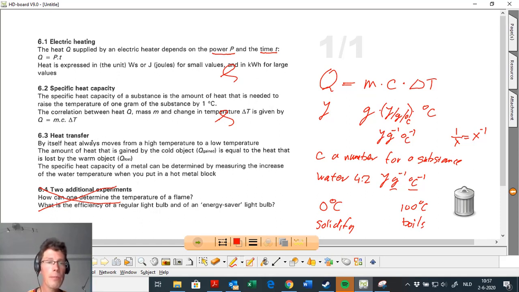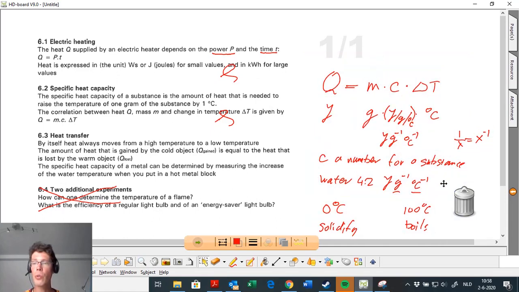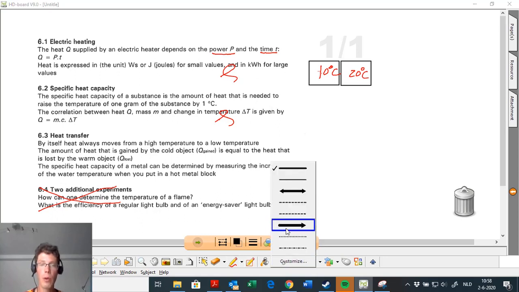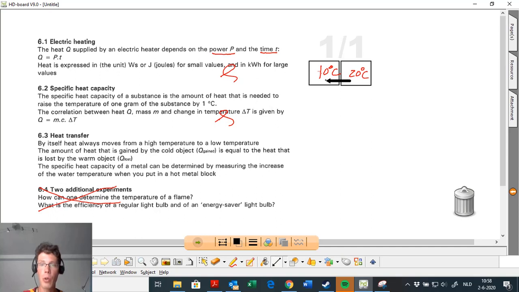Then, heat transfer. When I bring two substances into contact, then they will start to transfer heat to each other. This works very simply. If I have two objects that are in contact and they have different temperatures, for example this one has 10 degrees Celsius and this one has 20 degrees Celsius, then heat will flow from the warm object to the cold one.